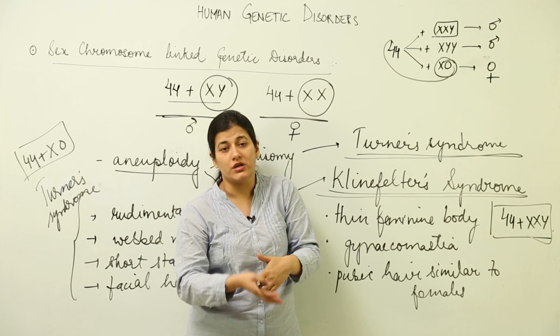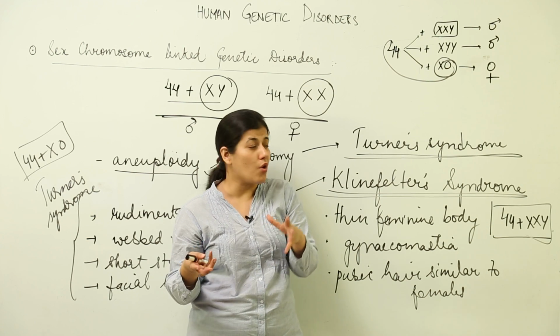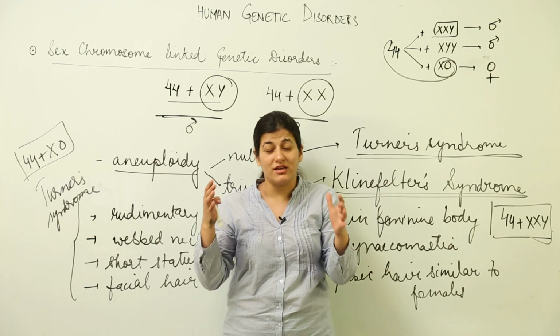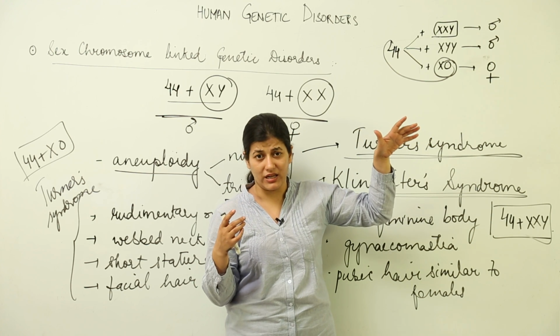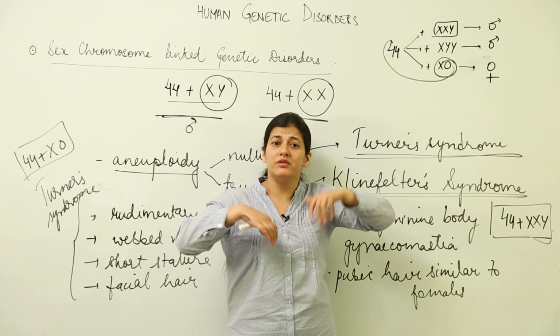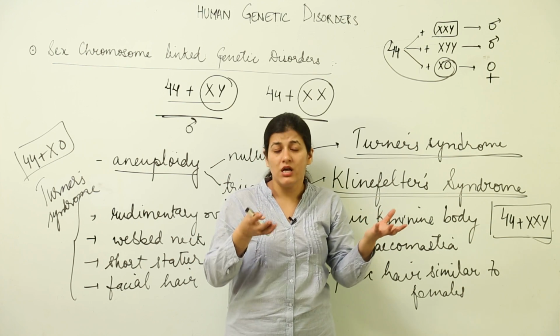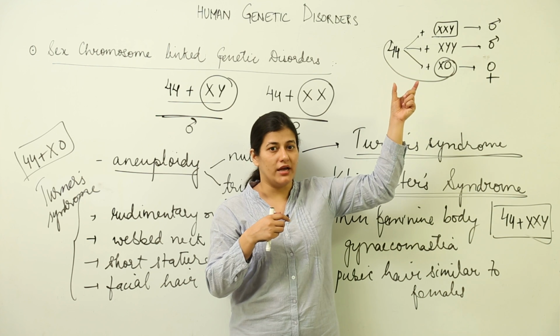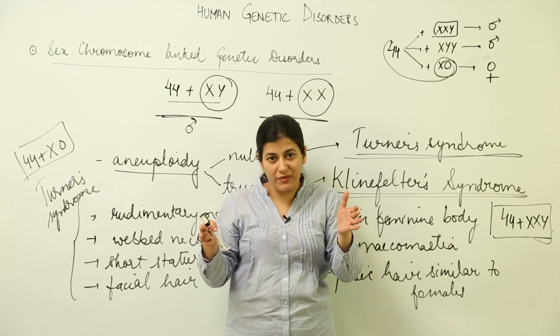An extra Y is not going to make the man more male. It is going to cause psychopathic disorders. The people who are having this extra X or extra Y within their bodies are not having extreme sexual characters, although we say that X and Y are responsible for expression of sexual characters in males and females respectively.